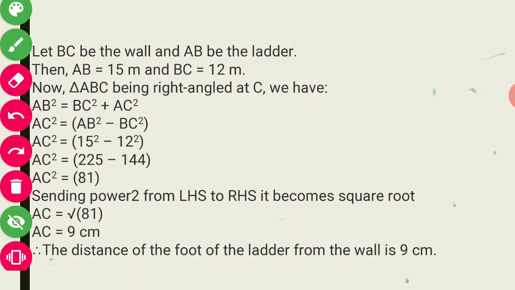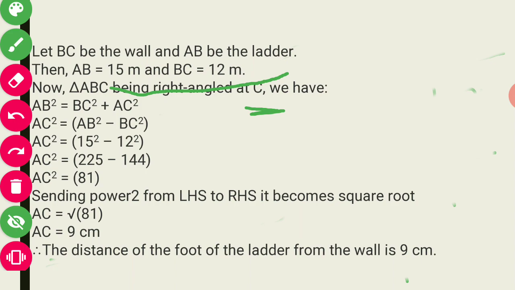So let BC be the wall and AB be the ladder, and it is given in the question that AB is equal to 15 meter and BC is of 12 meter, and since ABC is right angle at C, therefore AB square will be equal to BC square plus AC square.